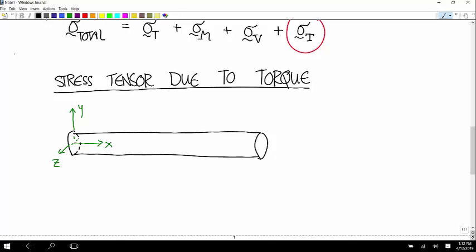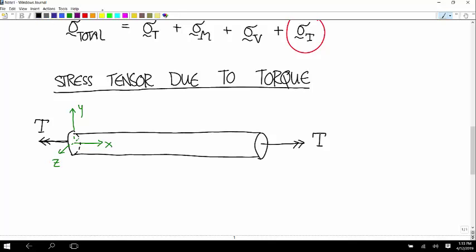And let's imagine that we put this in a positive torque, and that means that we have a positive couple in the direction of the positive x-axis on the right side, and in the negative x direction on the left side. And let's think about what this would do to stress elements on the surface.